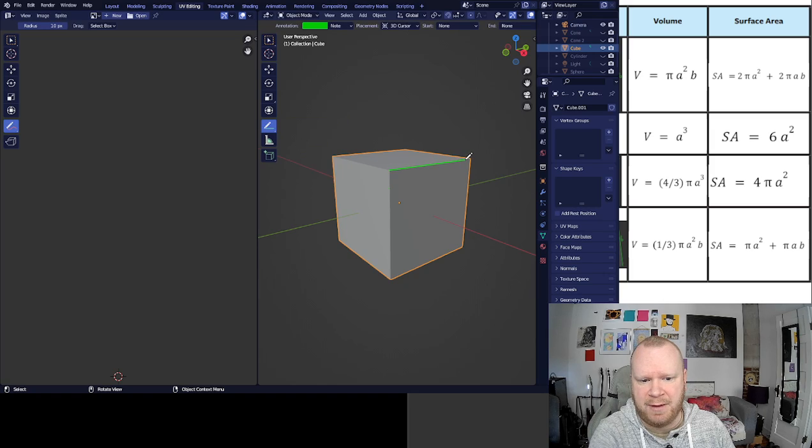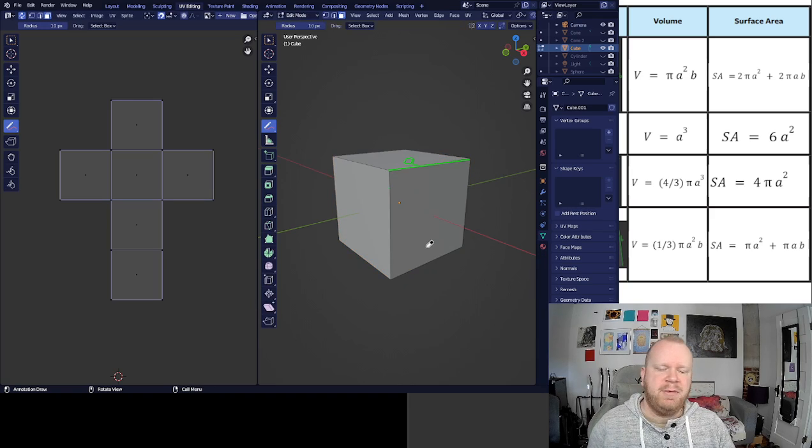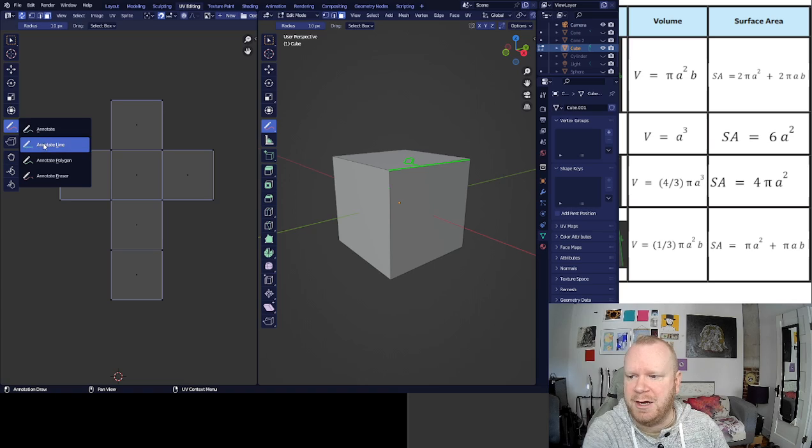So I'm going to give that a measurement of A. So A is the length, width, and height. I'm going to use A and B for each of these primitives just to keep things simple and to avoid confusion with what's the R, because when we get to the cone, those measurements are going to be a little hard to parse out because we'll have multiple radius values.